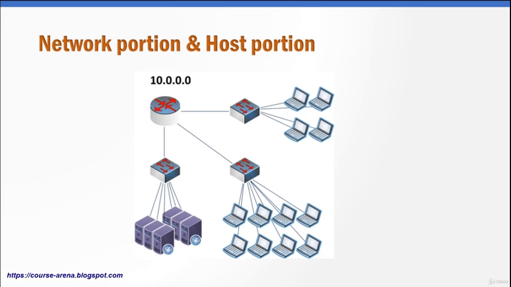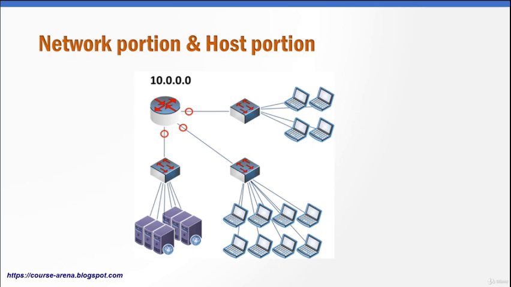Each of these 3 networks is connected to an interface on this router. This interface is going to be the default gateway for all of the devices that are inside this network. This interface is going to be the gateway for these devices, and this interface is going to be the gateway for all of the servers that are in this network.